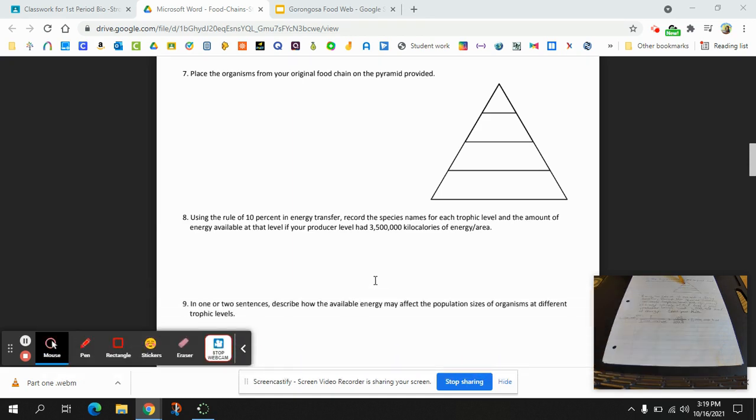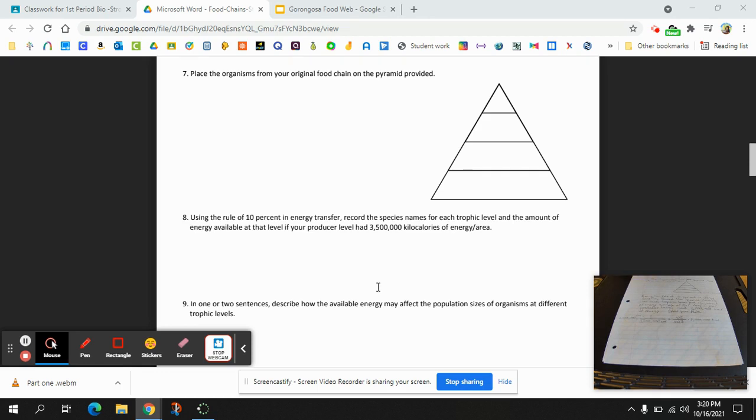For number 8, using the rule of 10% in energy transfer, record the species names for each trophic level and the amount of energy available at that level if your producer level has 3,500,000 kilocalories of energy.